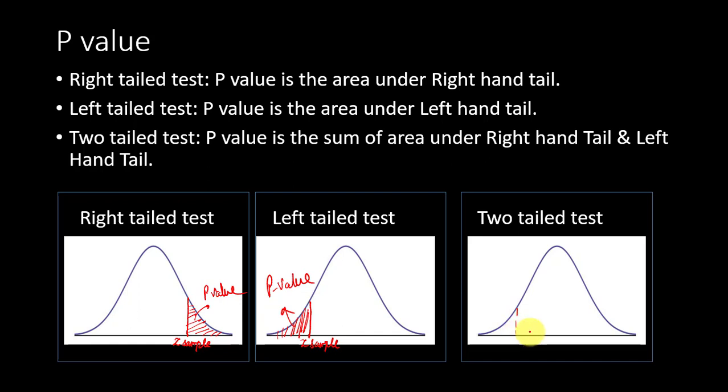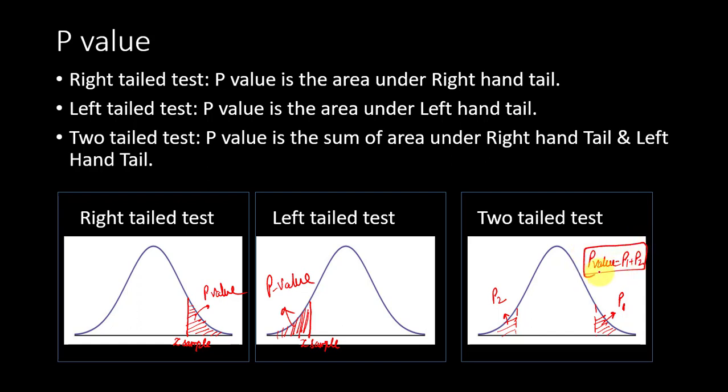So in case of two tail test, if this is p1 and this is p2, that is the area under the corresponding curve, then p-value would be p1 plus p2.